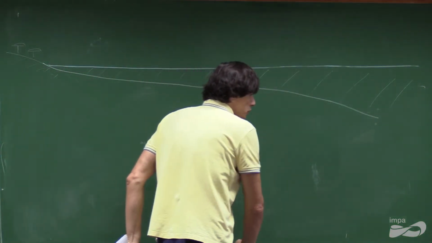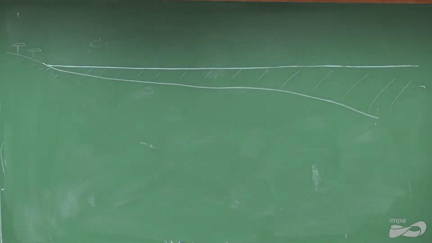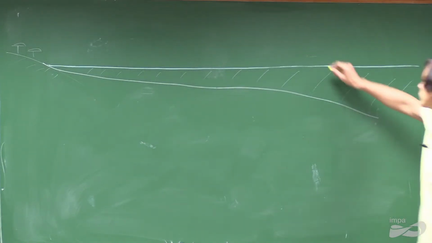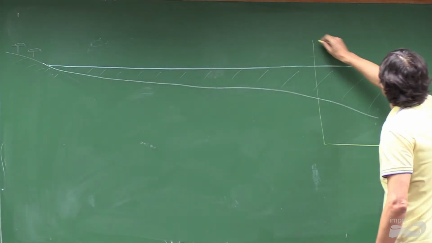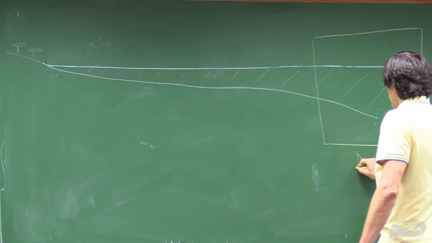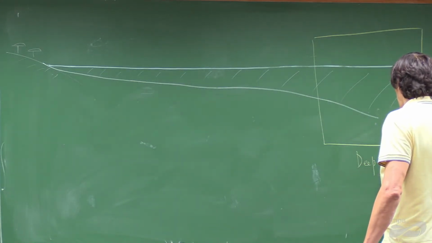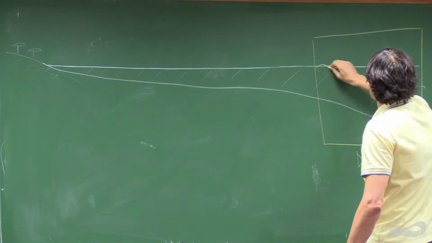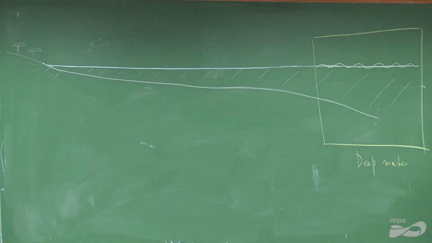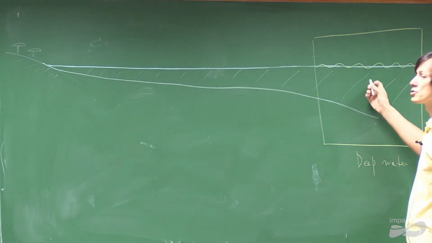One piece will be deep water, so your waves are much shorter than the depth. This is the situation we considered yesterday.